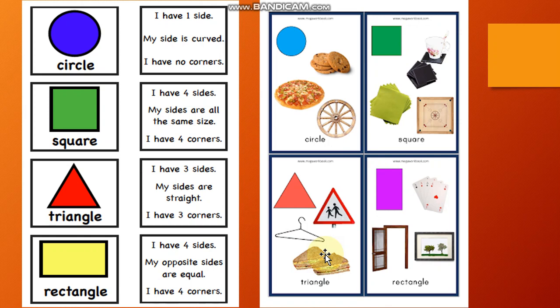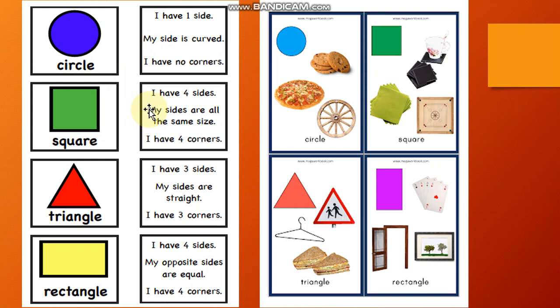Let's have a look at what these 2D shapes are saying. What is the circle saying? It is saying, I have one side. My side is curved. I have no corners. The square is saying, I have four sides.